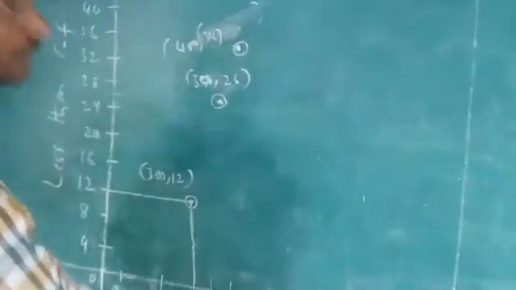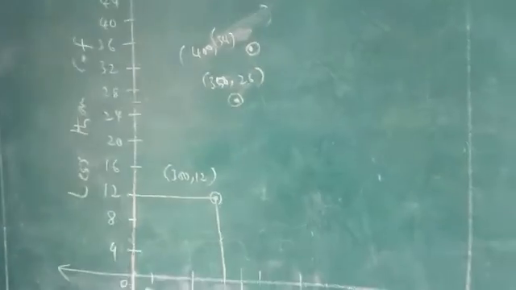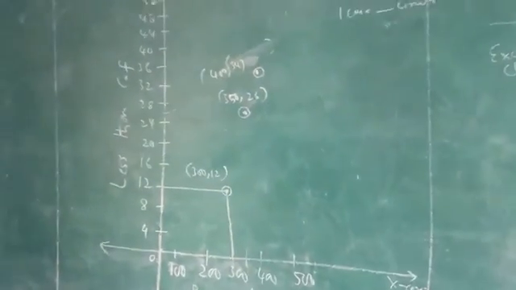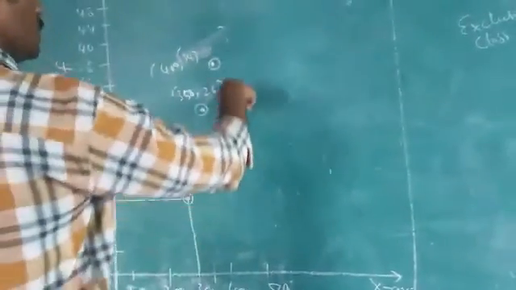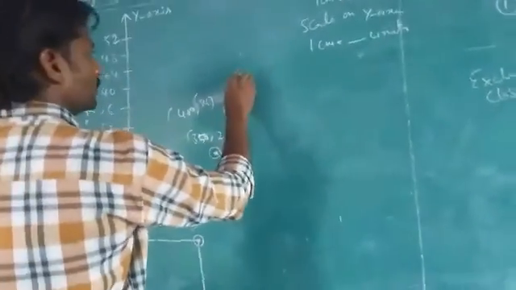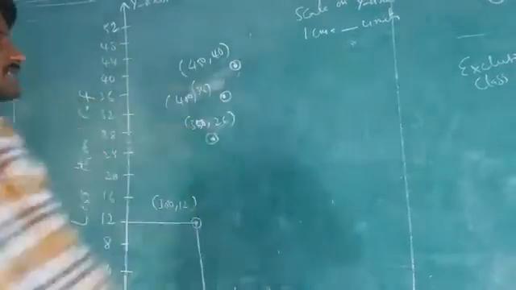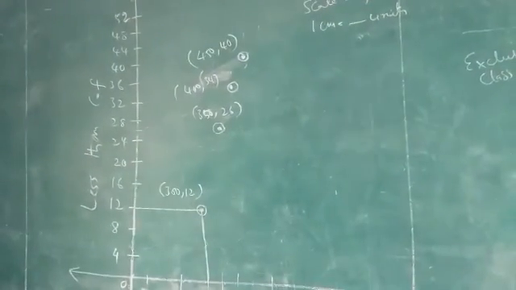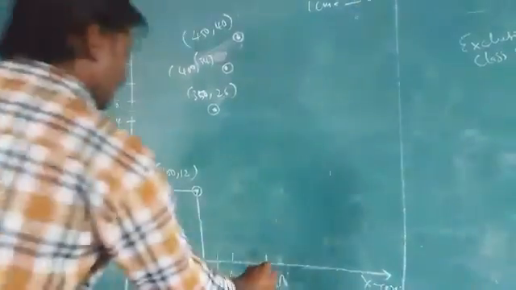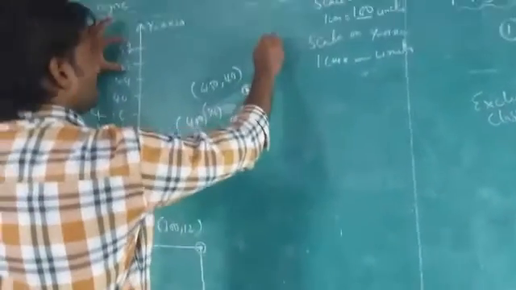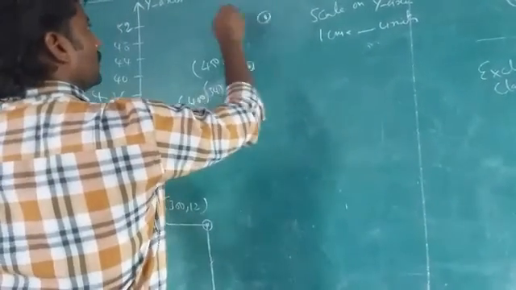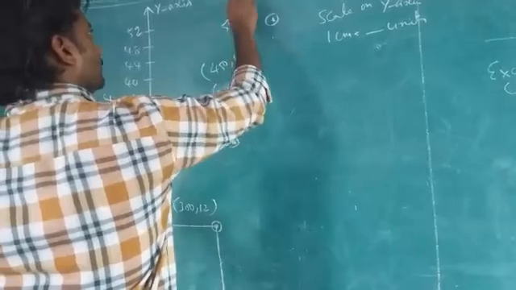So on 400, we wrote 34, and next 450, that is 40. So on this line, you should go up. Where is 40? See, approximately here. So 450, comma 40. Last and final, that is 500, comma 50. 500, comma 50, which is in the middle there. So approximately here. 500, comma 50.